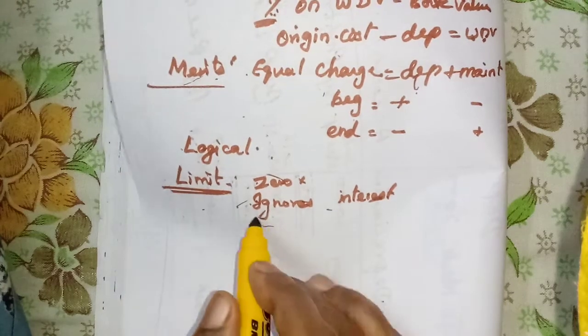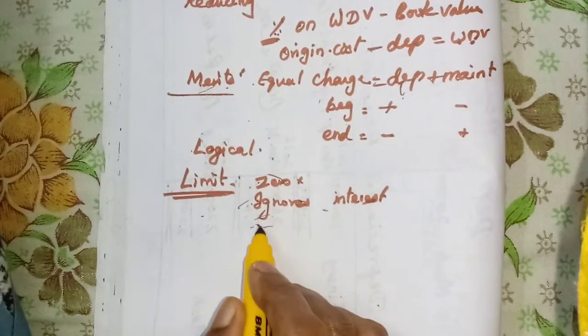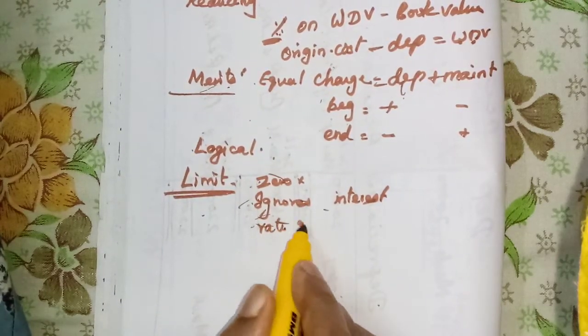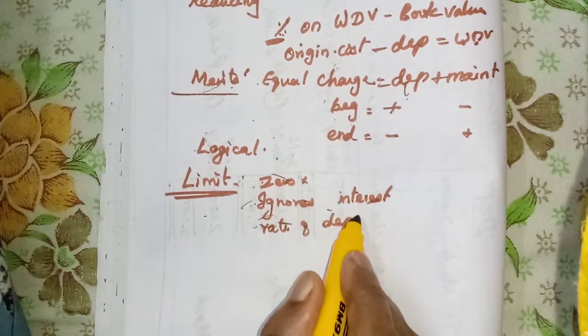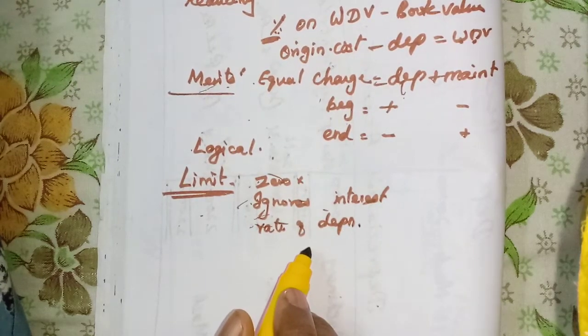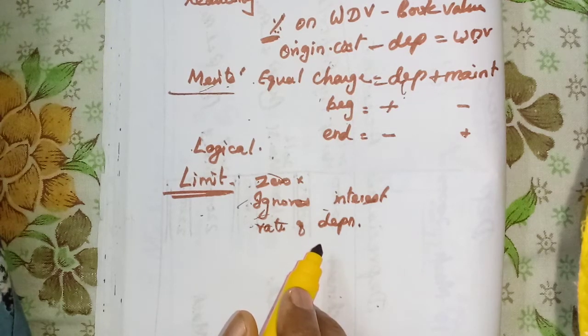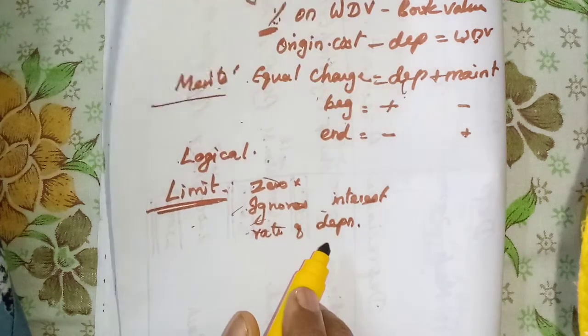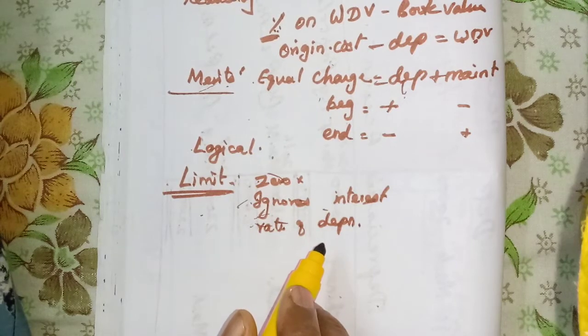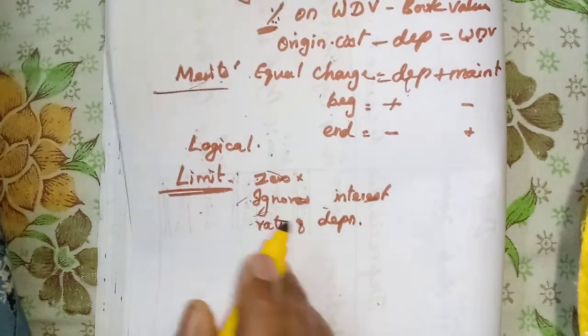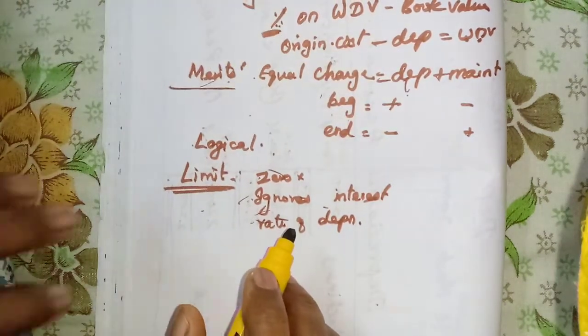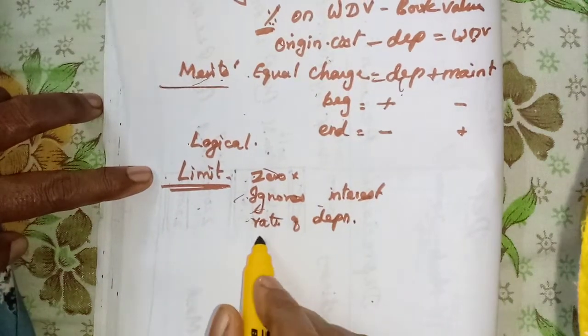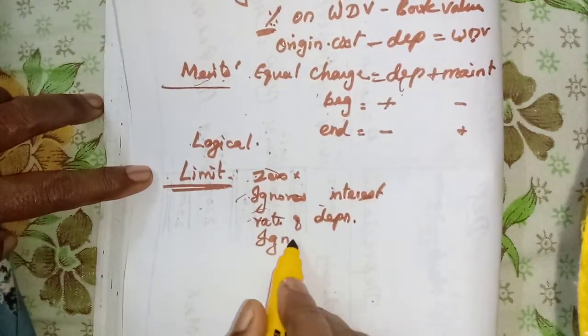Then here it is very difficult to determine the rate of depreciation. In straight line method we can calculate very easily, isn't it? Rate of depreciation is equal to amount of depreciation divided by original cost into 100. But here it is very difficult to calculate the rate of depreciation. And again it ignores the actual use of the asset.